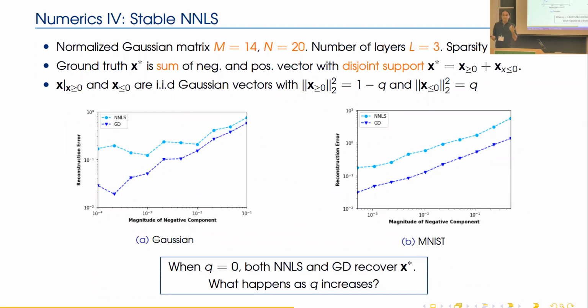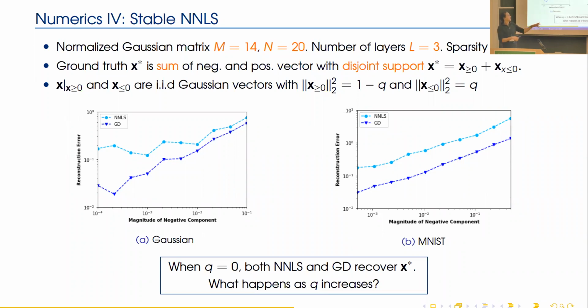And now for the stability. Let's say we have a Gaussian matrix here. We have L equal to 3, and then my ground truth also has a negative part in the following way. I have this parameter Q that measures how strong the negative part is. And I'm comparing gradient descent for the overparametrized regime with 3 layers with the lawson-hanson algorithm.